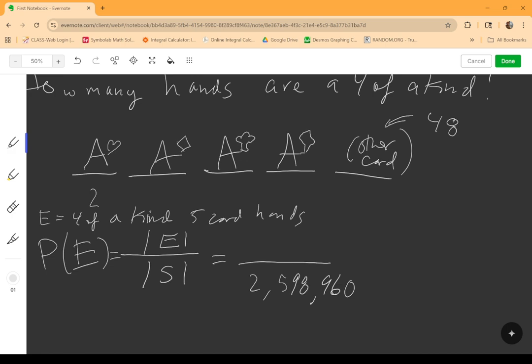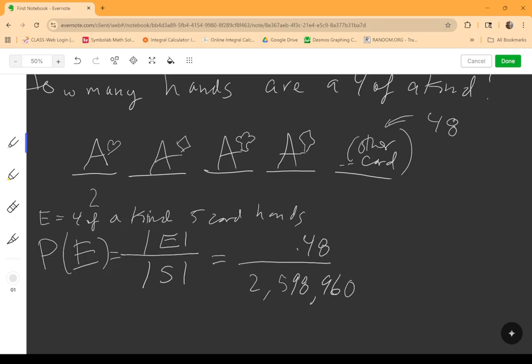Okay, and now the size of E here. So this is a sample ace, 4 aces, and there's 48 ways that you can get 4 aces, right? But there's also 48 ways that you can get 4 2s, 48 ways that you can get 4 3s, etc.